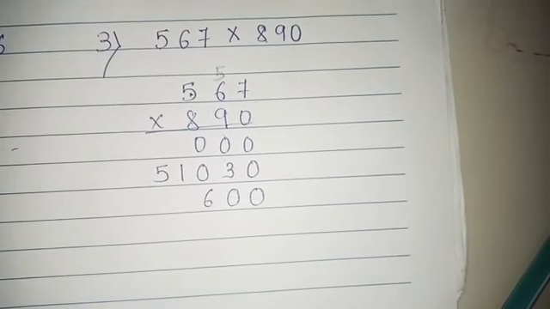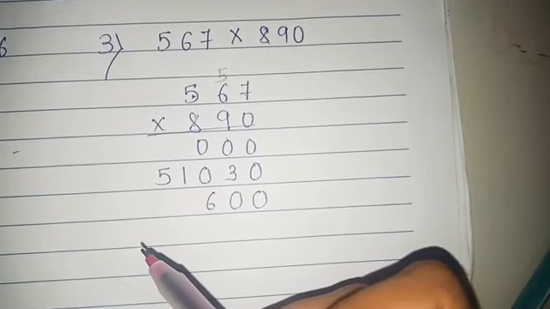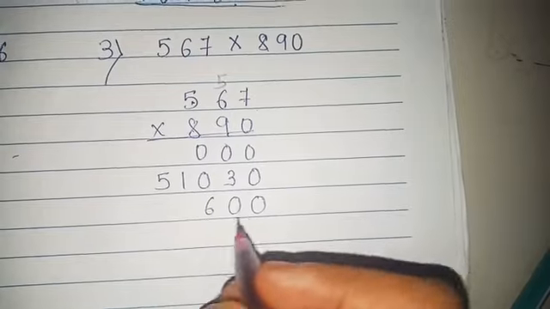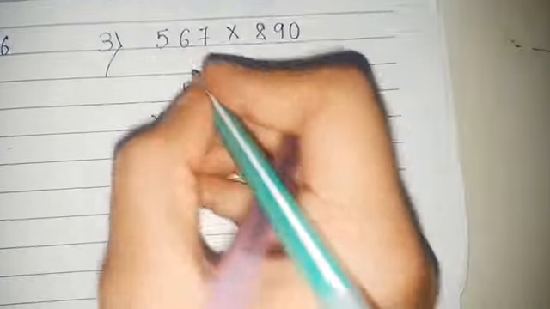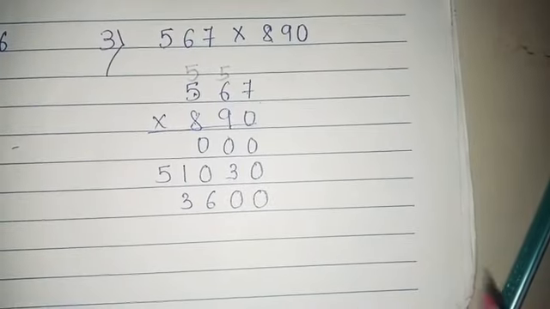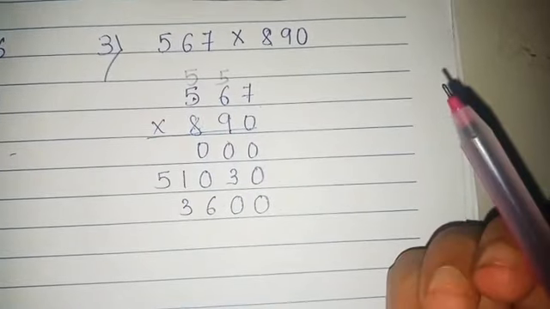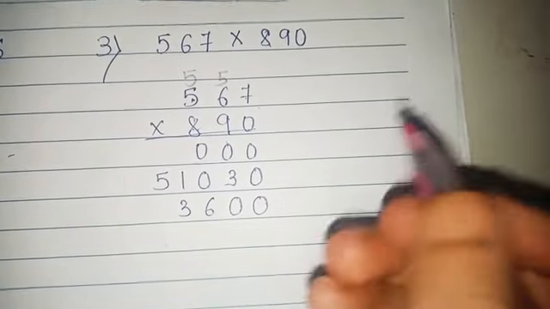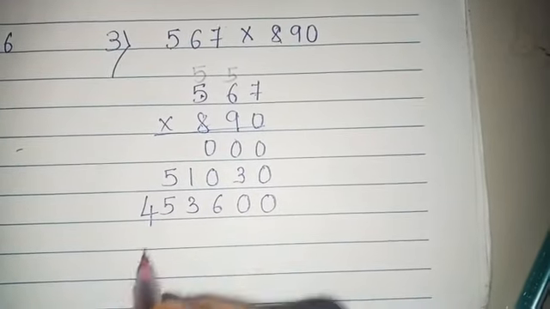Done. Now 8 6s are 48 plus this 5 is 53, right? So 3 will come here and carry forward 5. Done. Now 8 5s are 40. 40 plus 5 is 45. So we will write 45 directly.